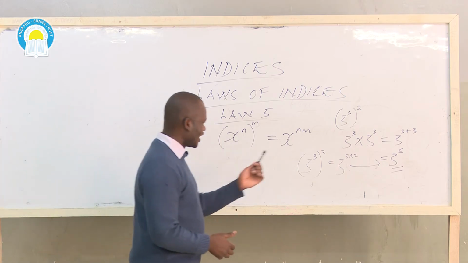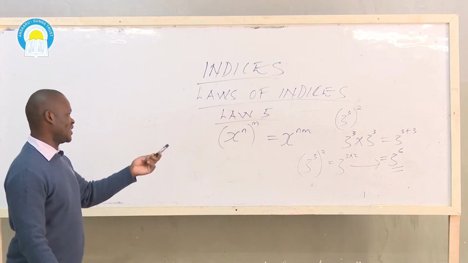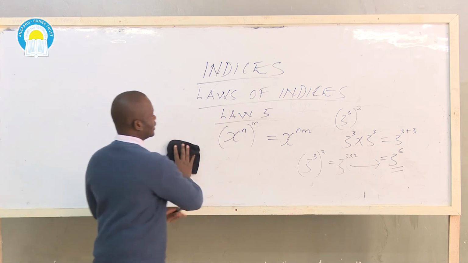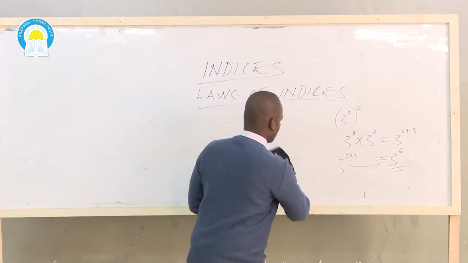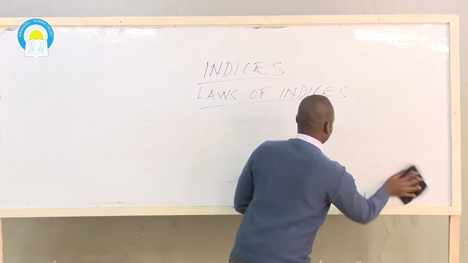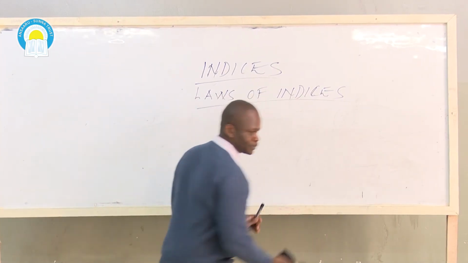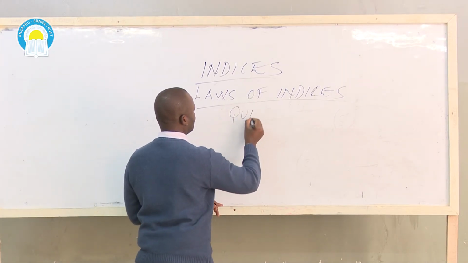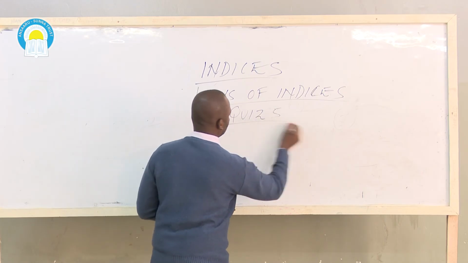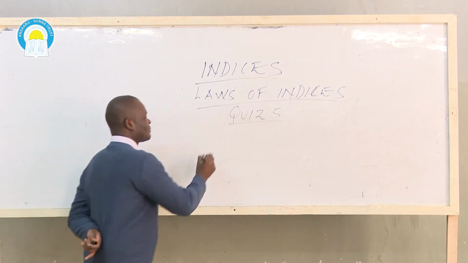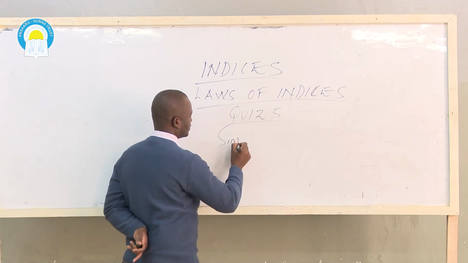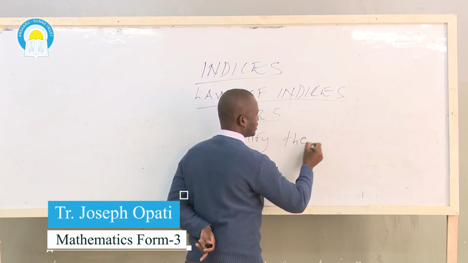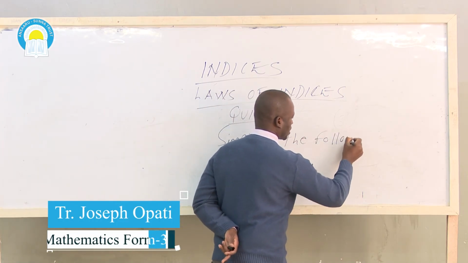So again, let me give a quiz in this regard. Now, quiz 5, based on the 5th law, quickly. Quiz 5. You are told to simplify the following.